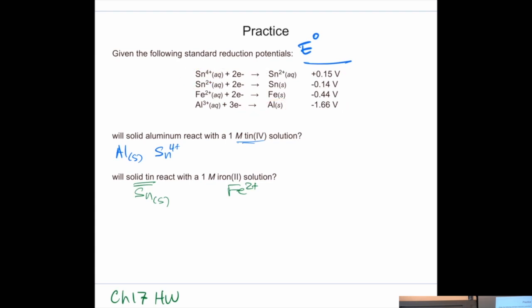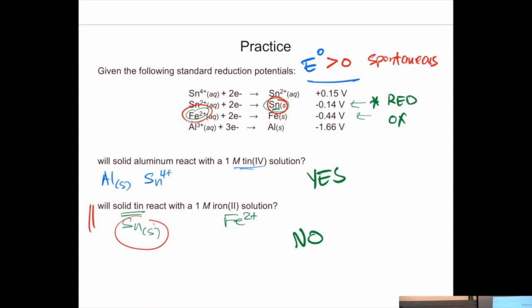So now we're looking at tin solid, which is here, and iron 2 plus, which is here. So when we look at this table, actually, let me rephrase that. When we put solid tin and iron 2 plus together, will they react, right?